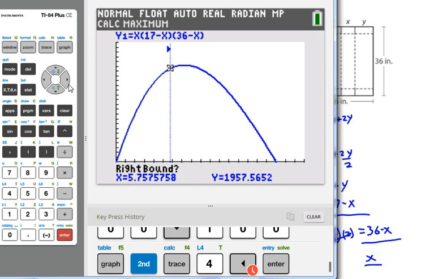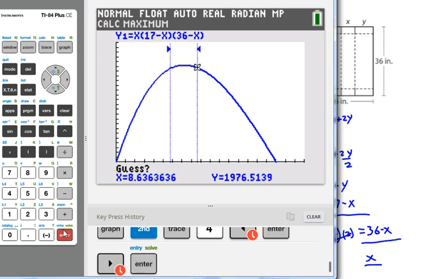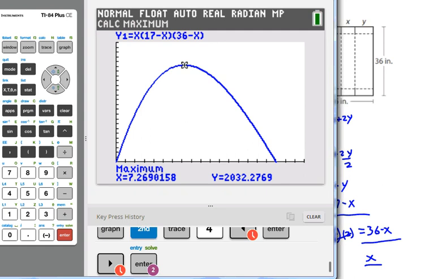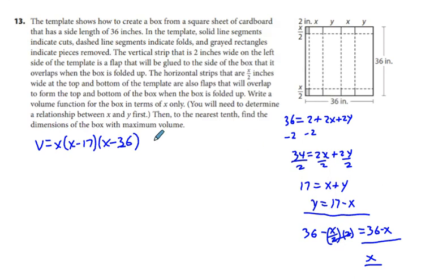Now it says right bound, so we arrow over to the right of the maximum and press enter. Guess, one last time. And so our x value is going to be 7.27 to the hundredth place.